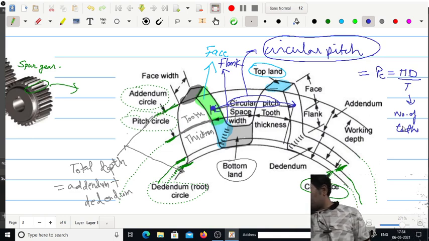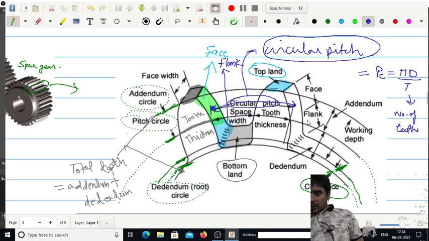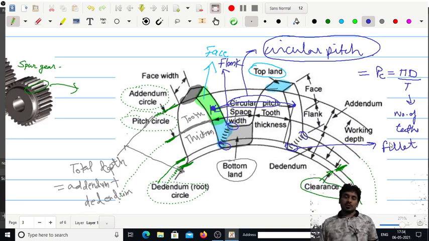Fine. Now this particular curve which is provided here on the tooth surfaces is called the fillet. Fine.